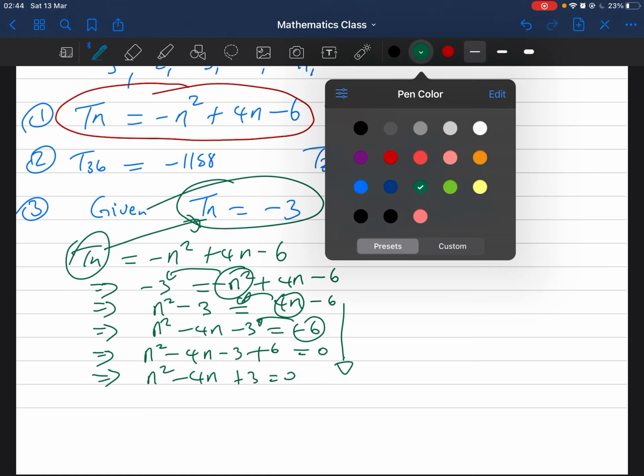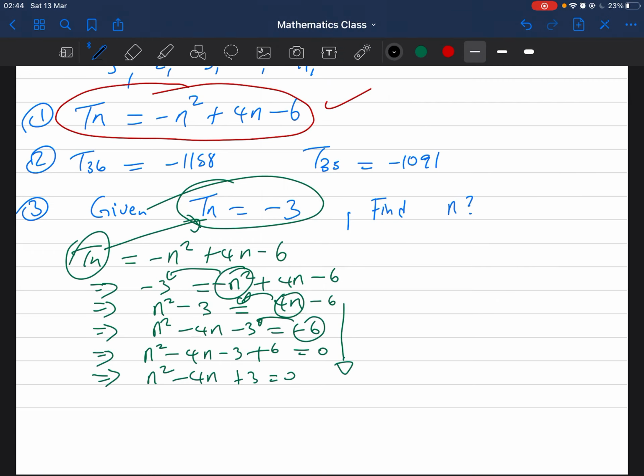How do you do that? You have -3 is equal to -n squared plus 4n minus 6. You can just take the whole thing and put it on your left hand side. It's going to be the negative of everything.